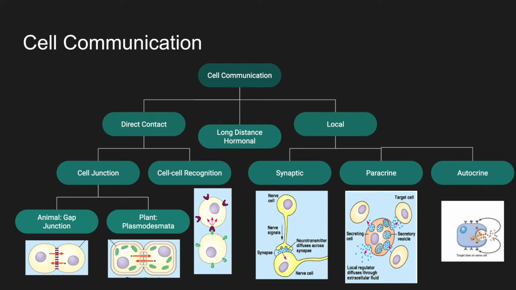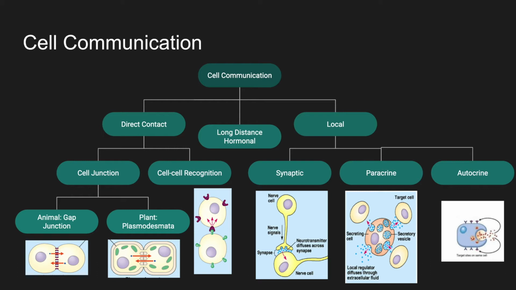That being said, the way you will probably be tested on this material is application based, right? So you're thinking about different hormones or different interactions that can take place, and categorizing them in each category accordingly.